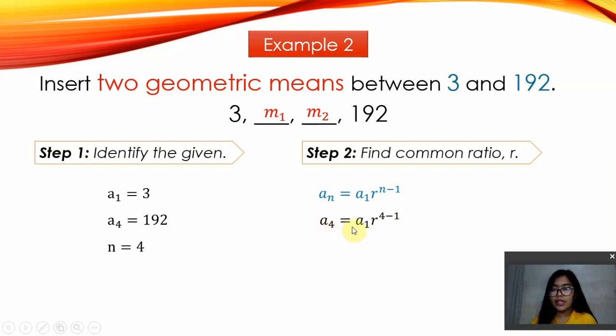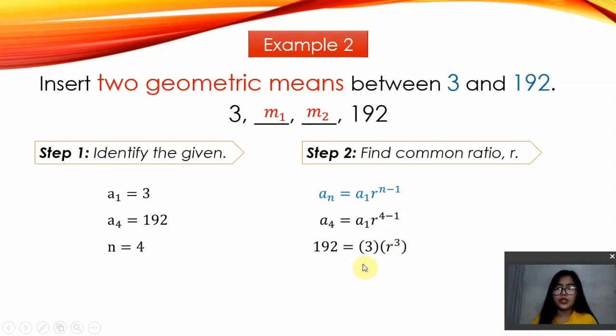Then, we have the value for a sub 4, which is 192, and a sub 1 is 3. Then, simplify 4 minus 1, that will become r raised to 3. So, we have 192 equals 3r cubed.